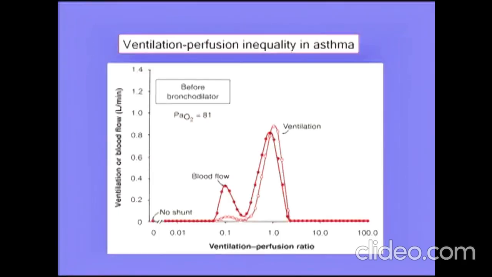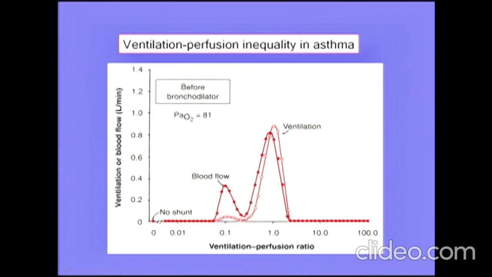And what's interesting is that the distribution of ventilation-perfusion ratios is clearly very abnormal, as you can see. There's one mode where the ventilation and blood flow are situated close to the normal ventilation-perfusion value of 1, but you can see a substantial amount of blood flow going to units with low ventilation-perfusion ratios.